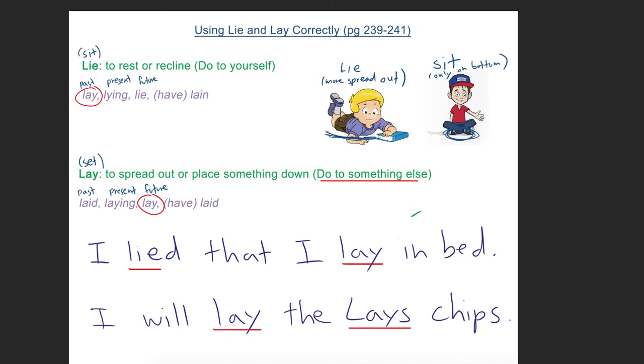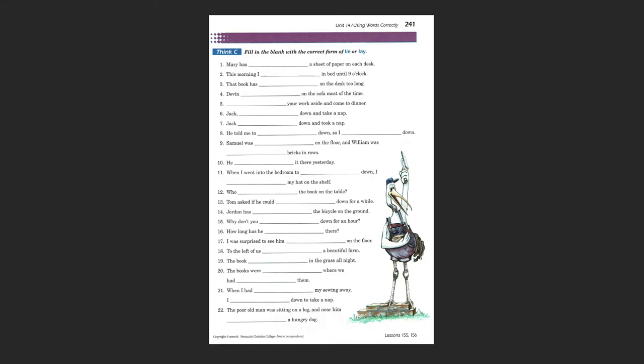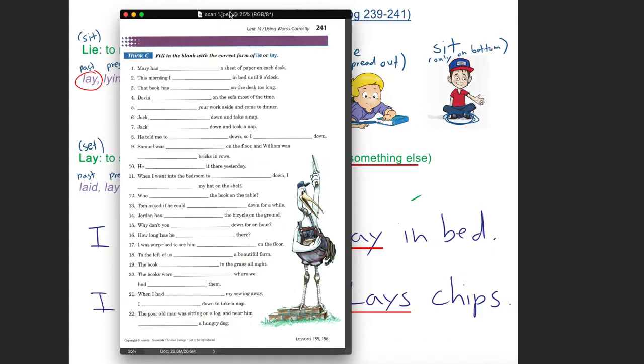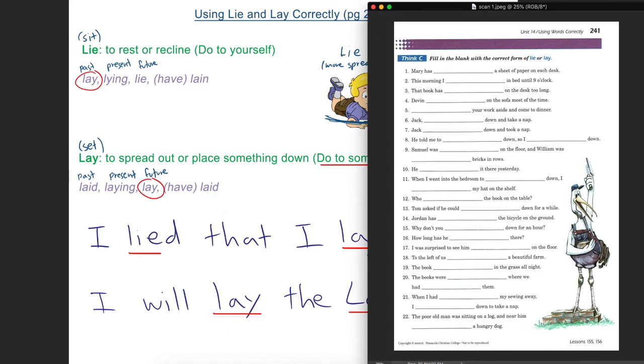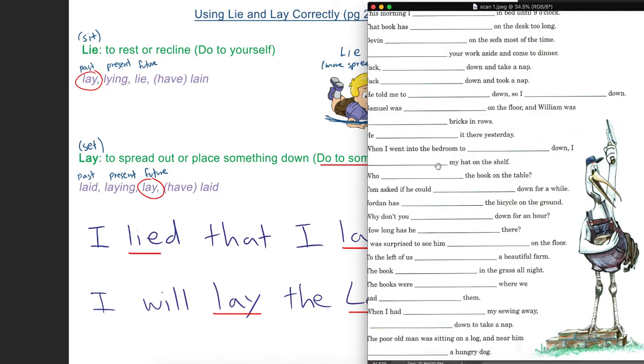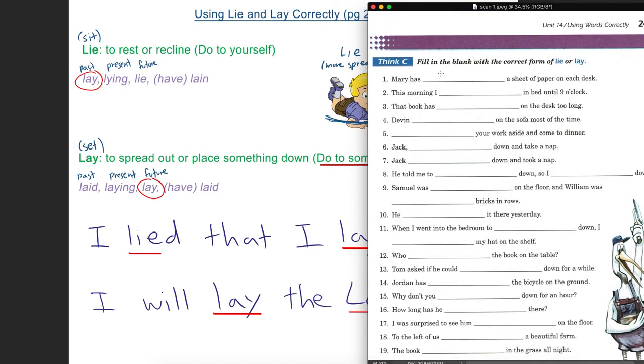Okay, let's go over our worksheet. This first one says fill in the blank with the correct word form of lie or lay. So we're either using lie or lay for each one of these. Key thing to remember: if you're doing it to yourself, you would use lie.